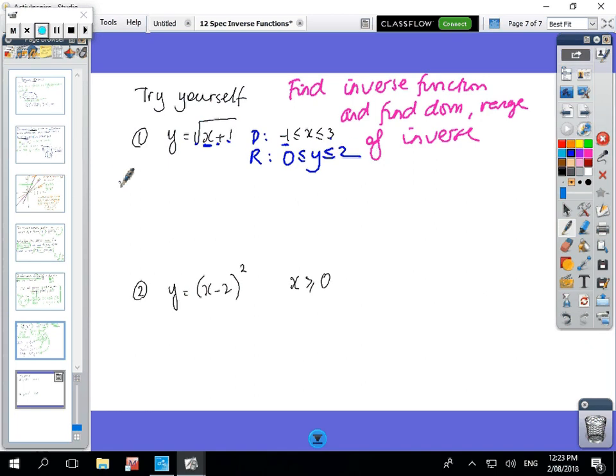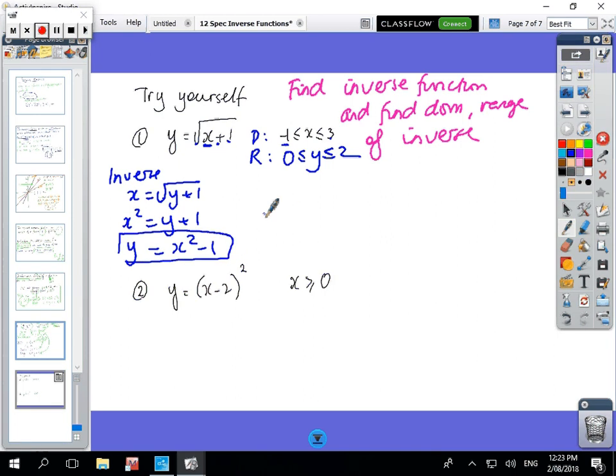To find the inverse, x equals the square root of y plus 1, and x squared equals y plus 1, so y equals x squared minus 1, so that's the inverse. And then the domain is 0 less than or equal to x less than or equal to 2, so the range becomes the domain, and the domain becomes the range. And don't forget, you've got to switch the letters. So domain is x, range is y, and we just switch the numbers over.